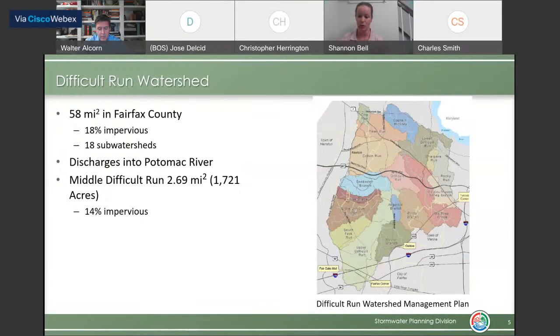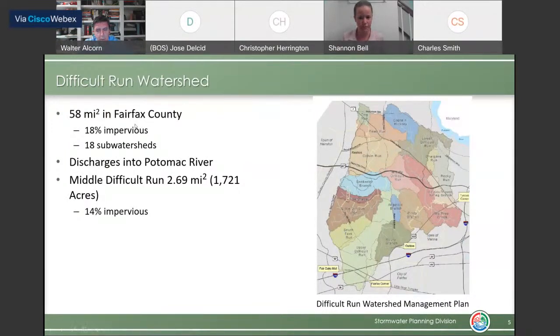So when it rains, the water isn't absorbed into the land. It just is sent down into the sewer network. Impervious would be rooftops, sidewalks, roadways, things like that. Whereas a pervious surface like woods and grasses are really good at absorbing the water and reducing the amount of runoff that is produced during rain events.